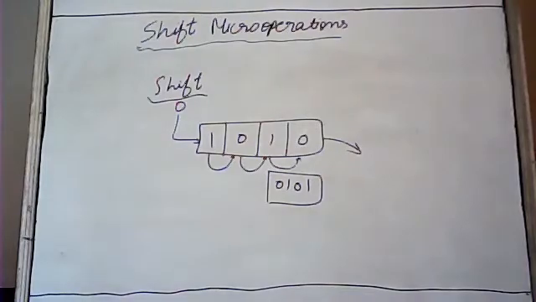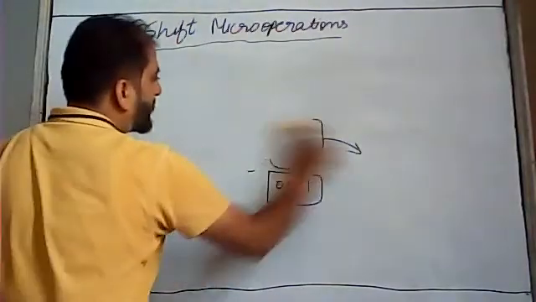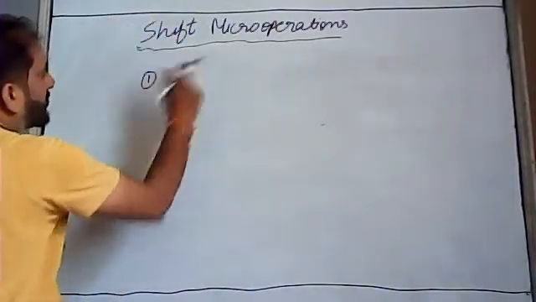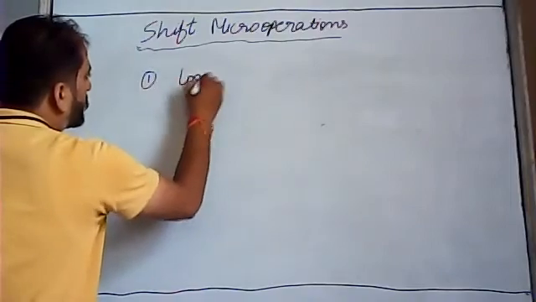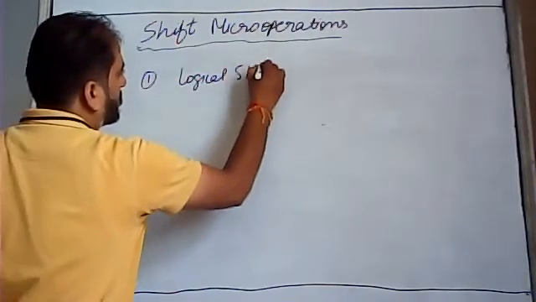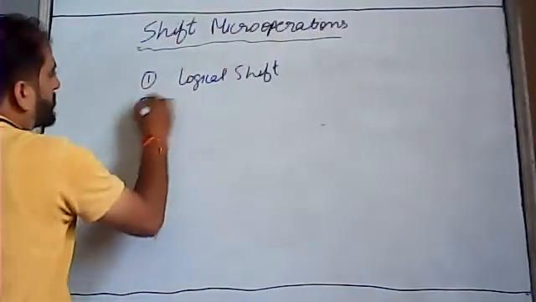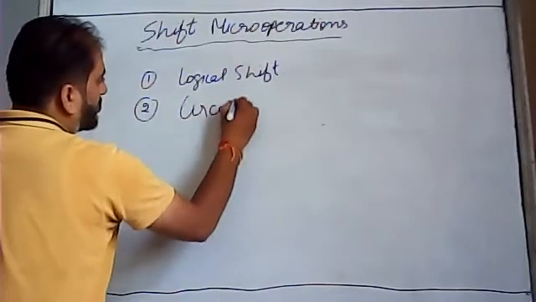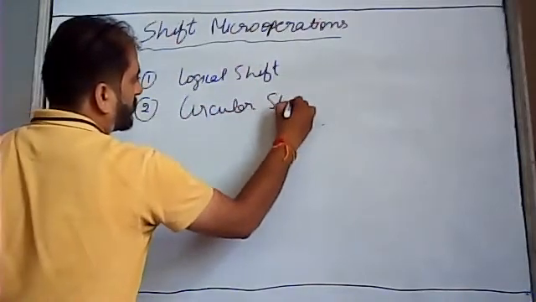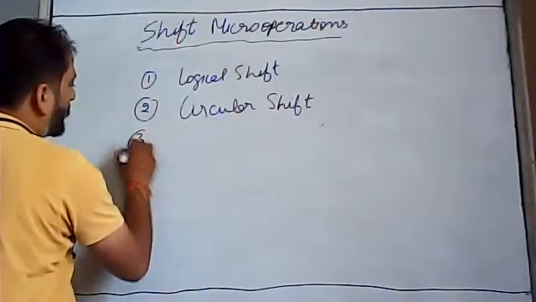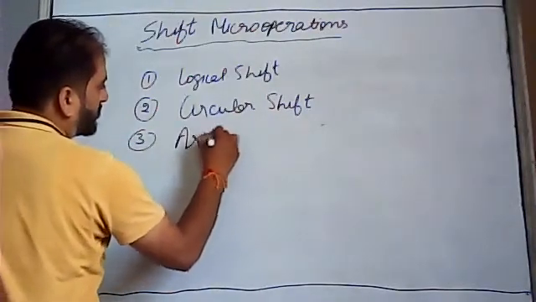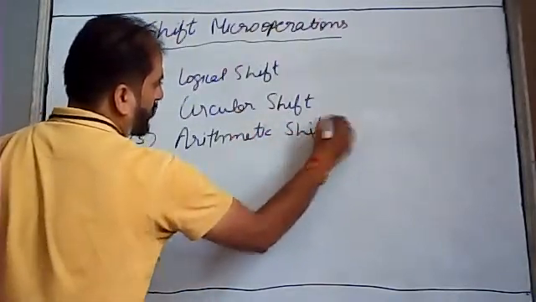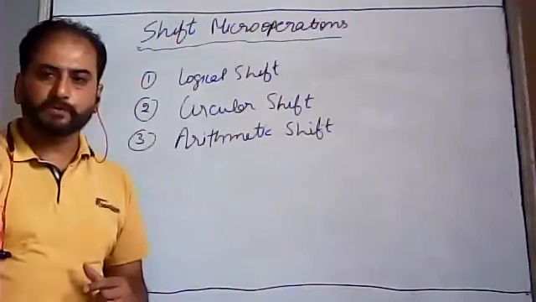The first type is logical shift, the second is circular shift, and the third one is arithmetic shift. So these are the types of the shift micro operation.